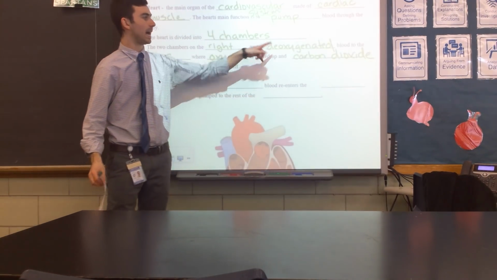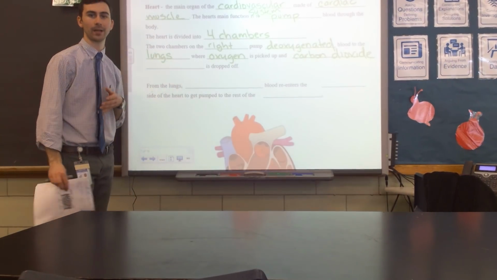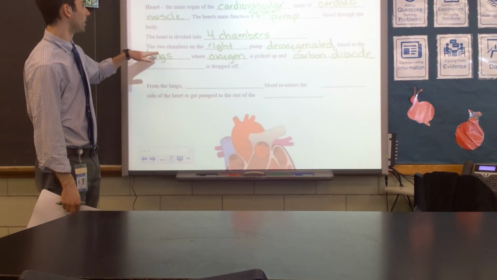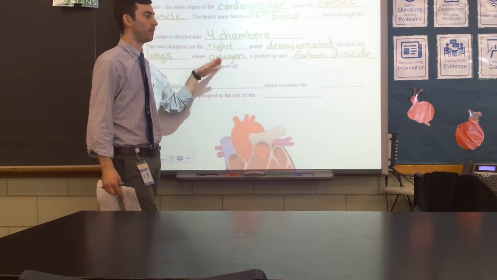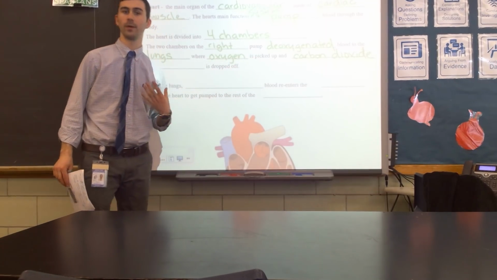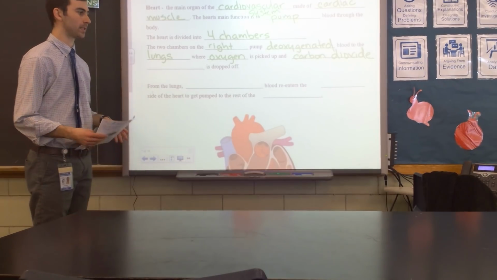Remember that word deoxygenated means it has no oxygen, it needs oxygen. So the 2 chambers on the right side of the heart are going to pump that deoxygenated blood to the lungs where they can pick up oxygen and then be sent to the rest of the body.